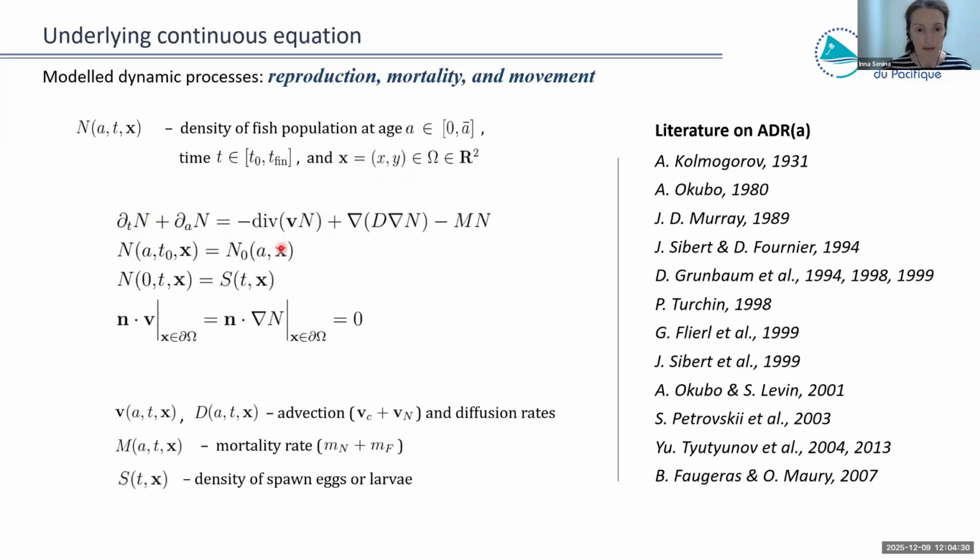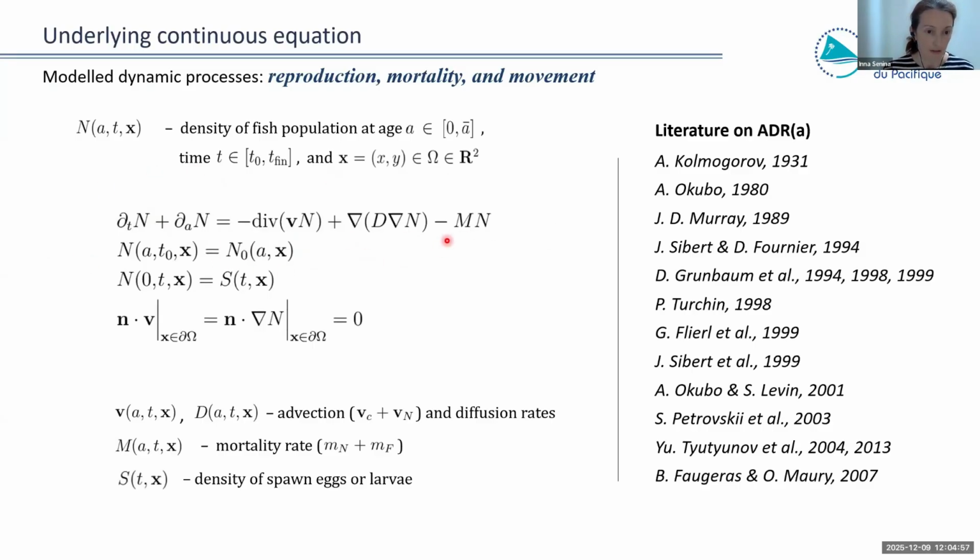Then the advection term that includes both passive and active velocity. The active, as James mentioned, is driven by the gradient field of external biophysical force. Then the diffusion term, where diffusion is space varying, it's not constant. And mortality, including both natural and fishing.